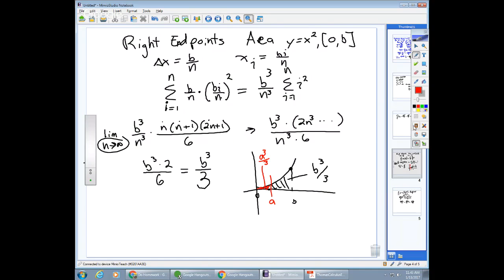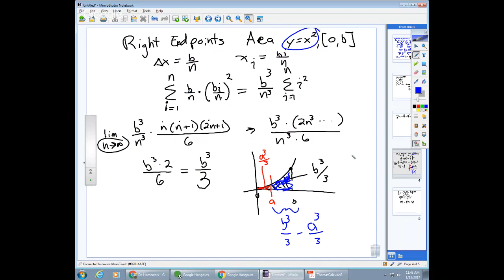How would you find the area in between, just this region? I take the big area and subtract the red area, so the area in between is b cubed over 3 minus a cubed over 3, which is the formula the book told us to use when working with quadratics.